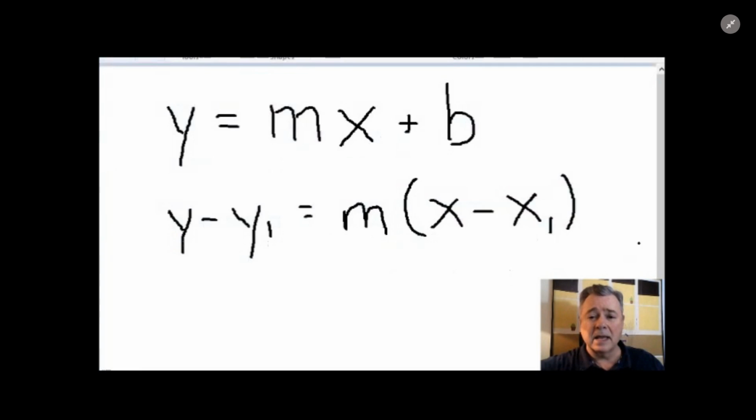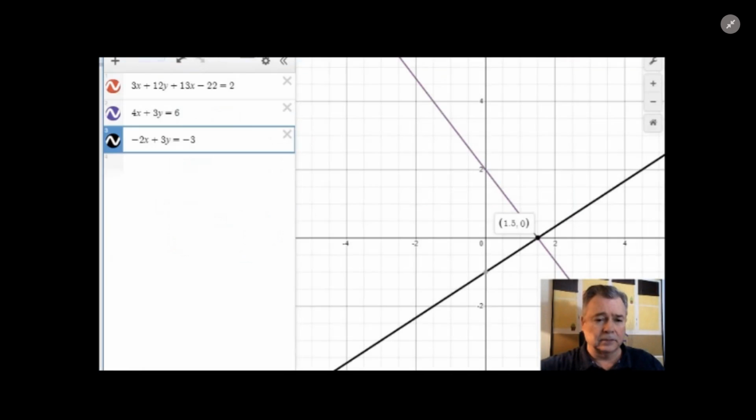And we know that our first function, going back to the graph here, the line moves downward from left to right. That means the slope is negative.